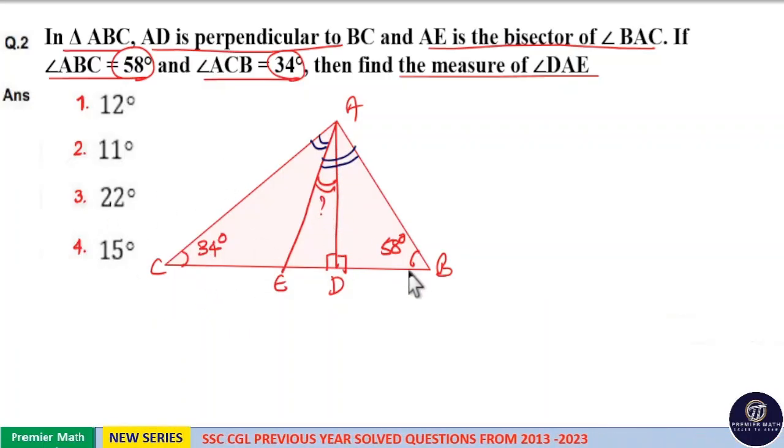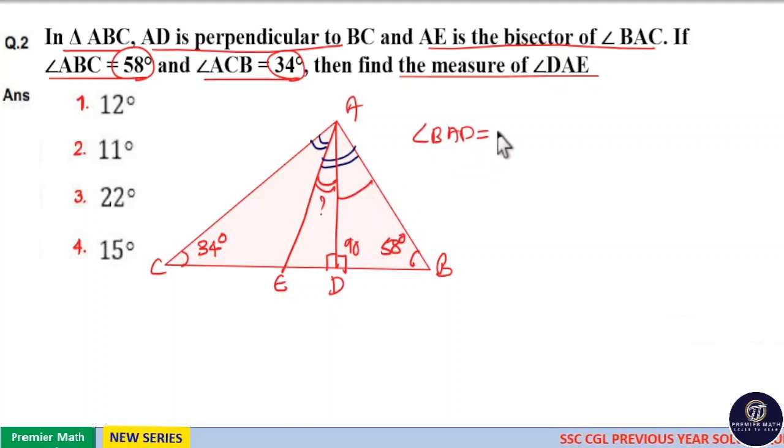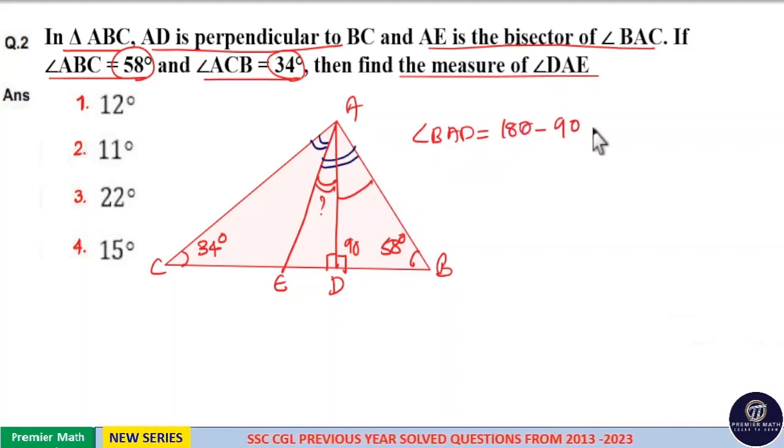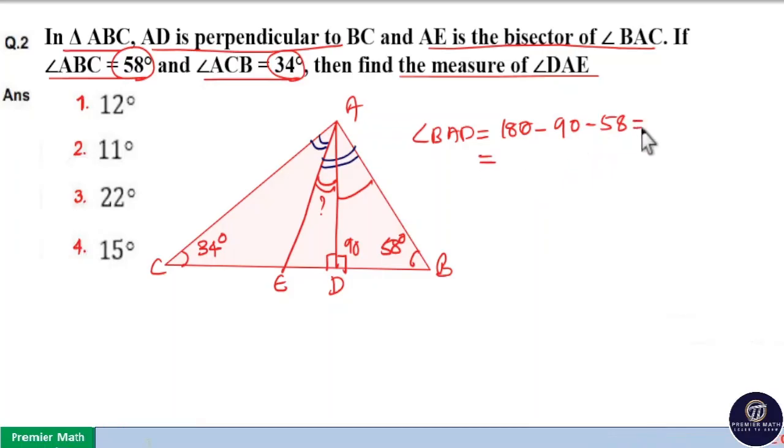So here this is 90 degree, this is 58 degree, which means this angle, angle BAD, is equal to 180 minus 90 minus 58. 90 plus 58 is 148. So 180 minus 148 is equal to 32 degree. So this is 32 degree.